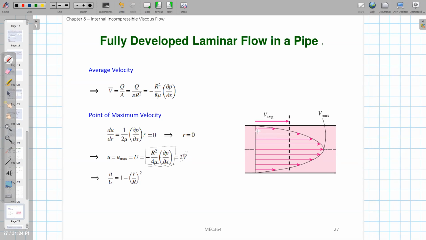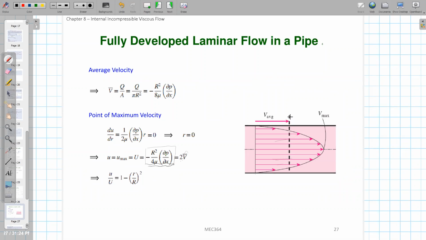Okay, so if you look at this velocity profile for fully developed laminar flow, you will see this is the profile, and the area inside will give you the volume flow rate, because density is constant. And from there you can calculate an average velocity.